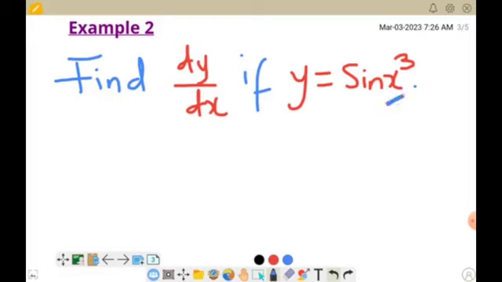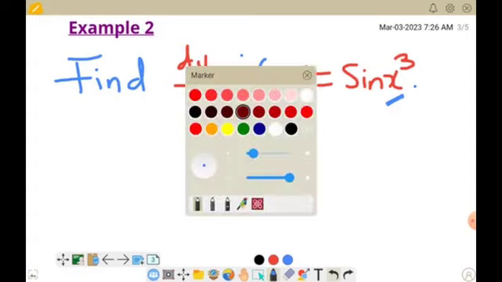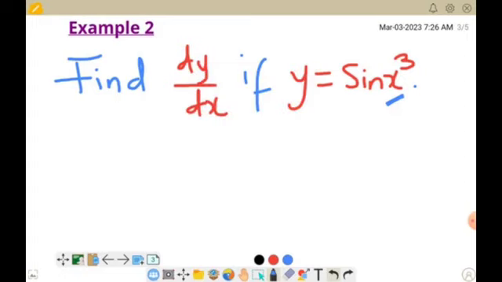Okay, the term inside the trigonometric function. If it is logarithmic, use the one inside as well. Your u, so you'll find it very, very easy. All right, let's go ahead and solve further.